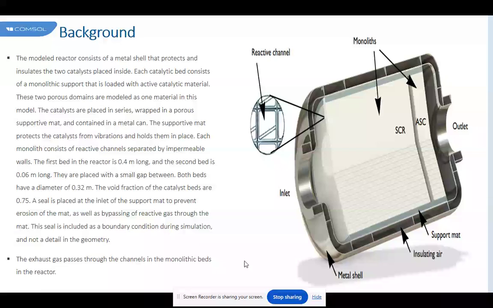In the next section, we present a detailed analysis of the steady-state behavior of the monolith and the effect of the substrate conductivity on the ignition and extinction points.